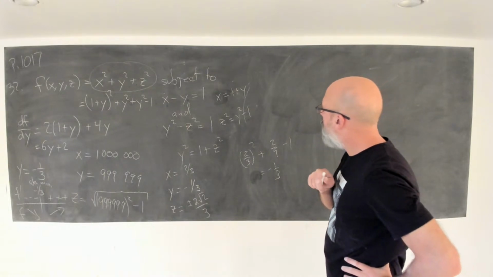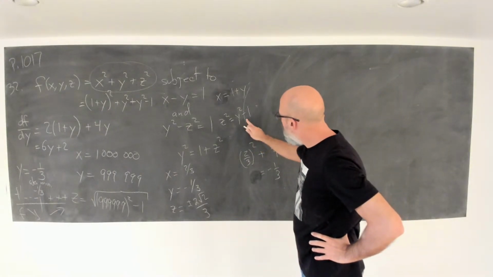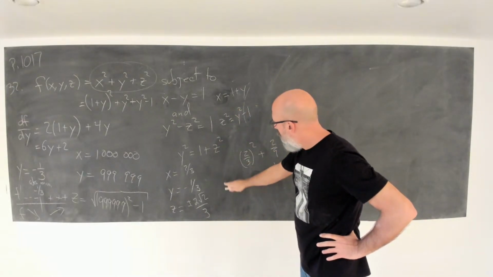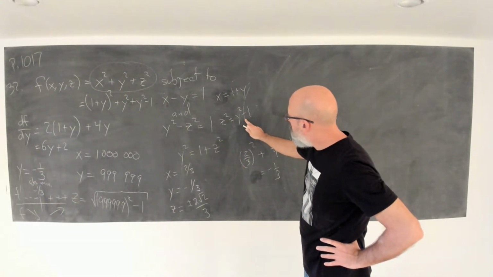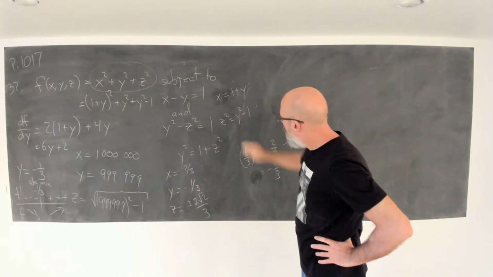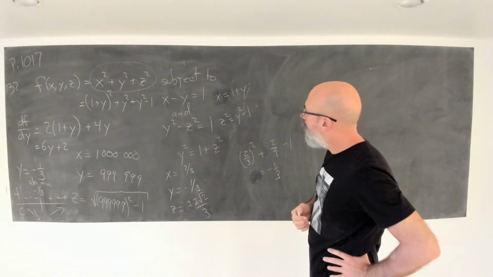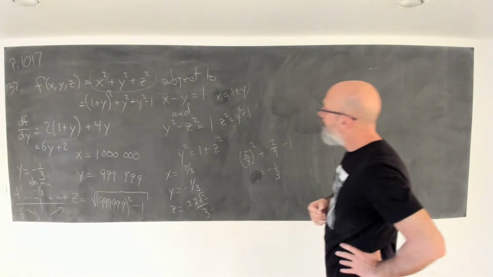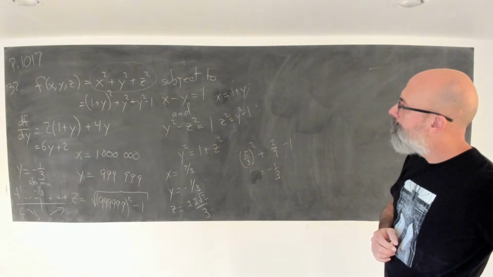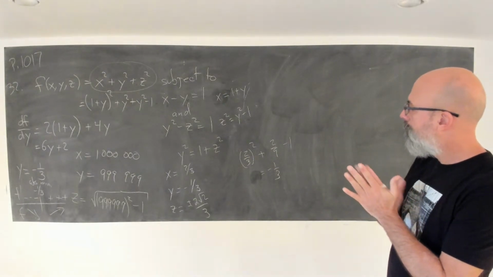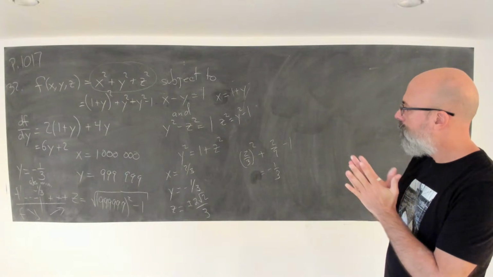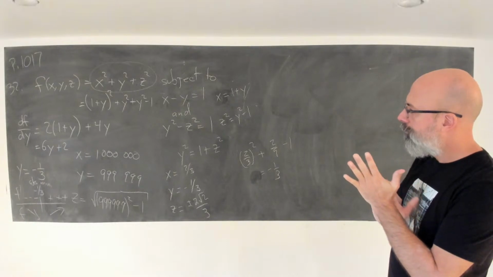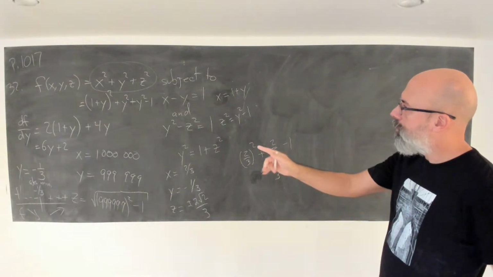There's something wrong, right? There's something wrong because if y is minus 1/3, then this is negative. So this is incorrect.